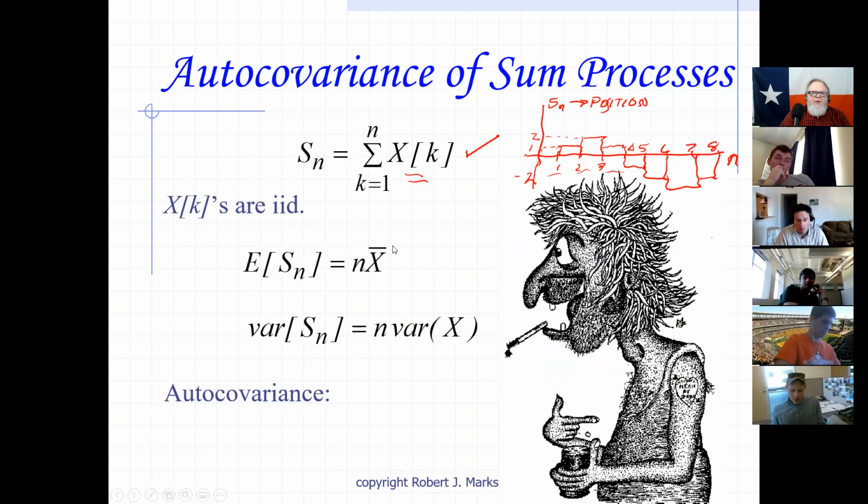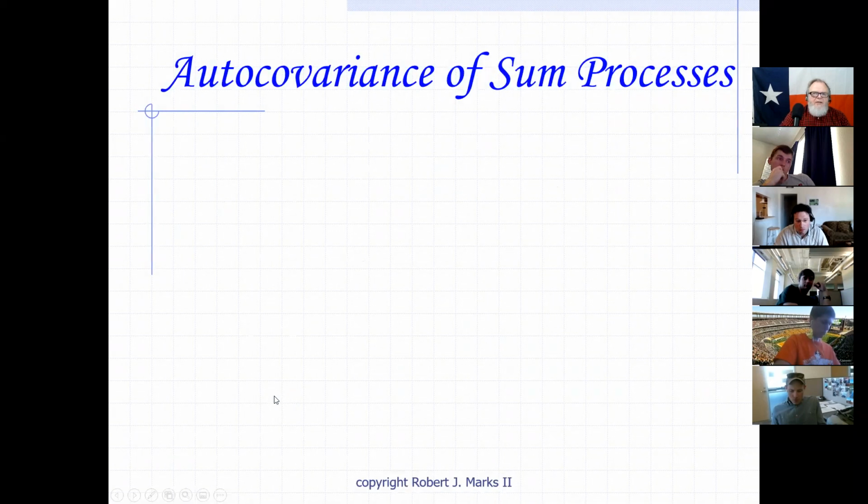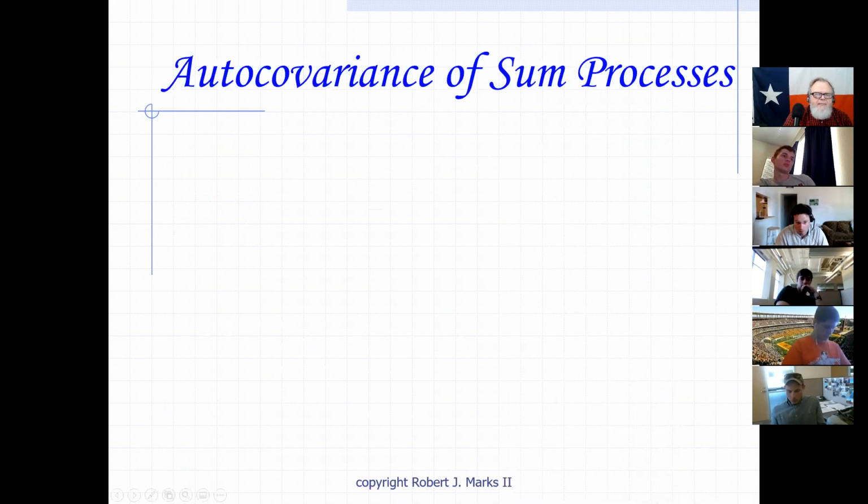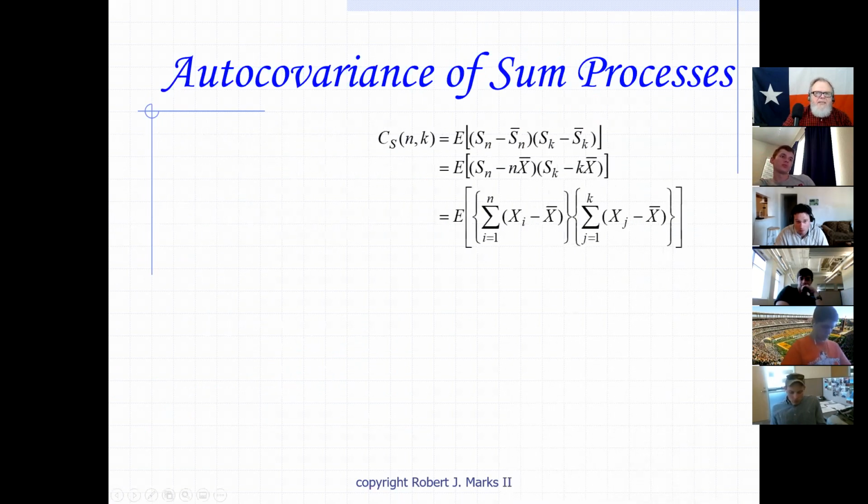So we forgot what we're going to do. We're going to try to find the autocovariance of this stochastic process. So that's what we want to do right here. We want to find the autocovariance of this stochastic process. So in order to do that, we go right to the mathematics. This is the autocovariance. It's the expected value of S sub n minus its expected value times S sub k minus its expected value.